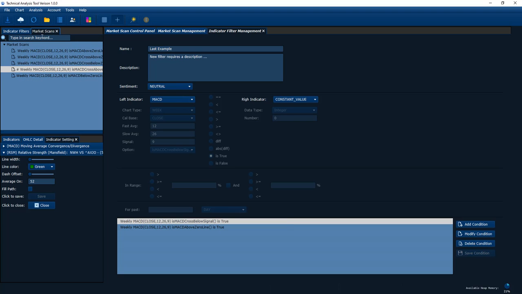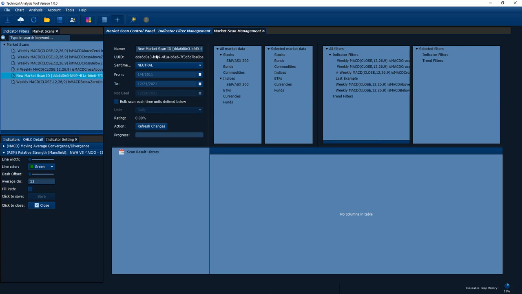Let's create a market scan and also name it last example. We select the market we're going to scan, and then of course we have to include the indicator filters we just created, in which there are two conditions as the combination.